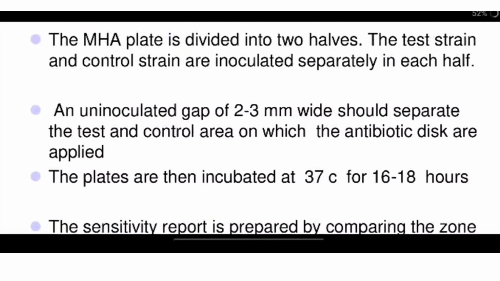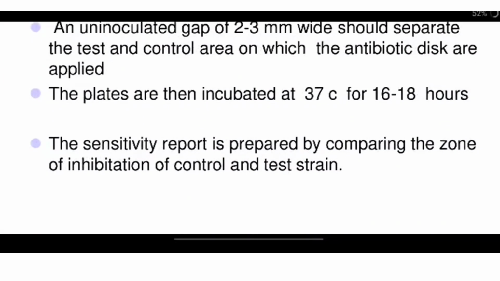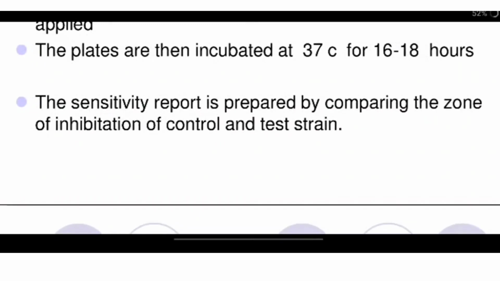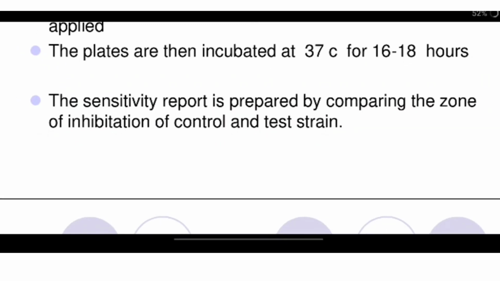We can see here the two strains are lawn cultured on the same plate, but they are divided by a 2 to 3 mm gap on which the antibiotic discs are placed. Then the plates are incubated at 37 degrees Celsius for 16 to 18 hours. The sensitivity report is prepared by comparing the zone of inhibition of the control and test strain.